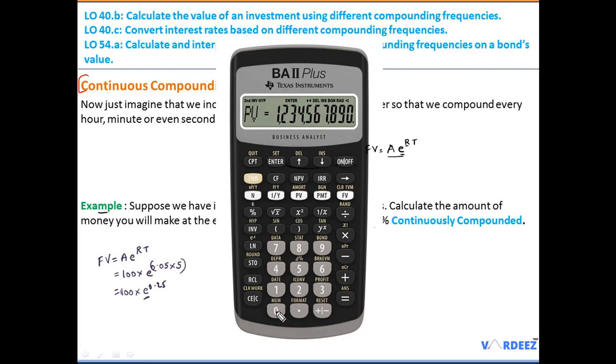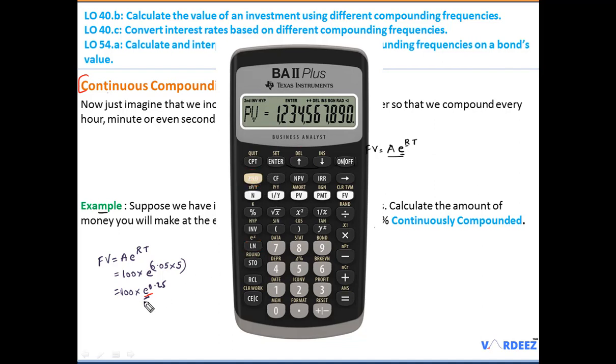We press 0.25, then we press this second key here, and then this ln. Just above the ln you see e to the power x. So that's where we do it, but we have to first press this second key, otherwise it's going to take the value of a log. So this is just one thing that you need to know.